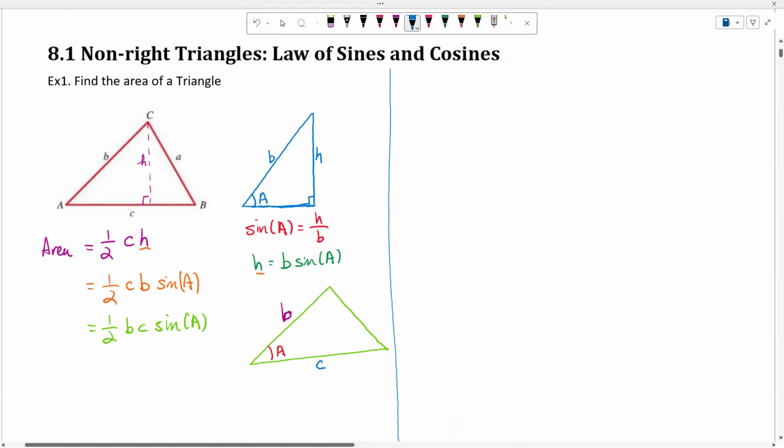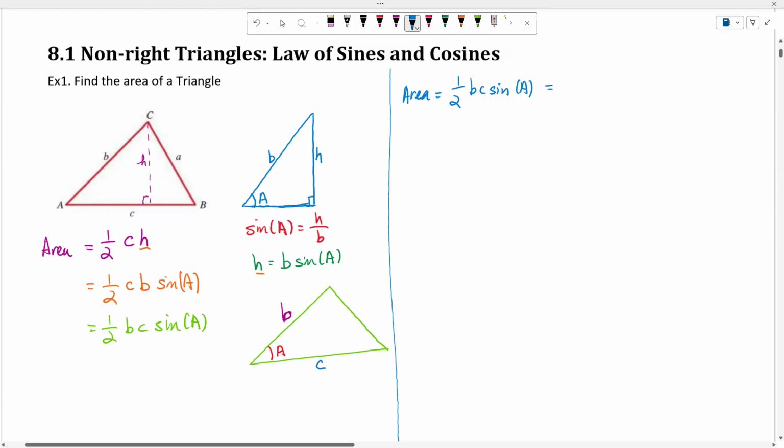Now, if I want to find the area of the triangle, first, I could use 1/2 B times C times sine of A to find it.